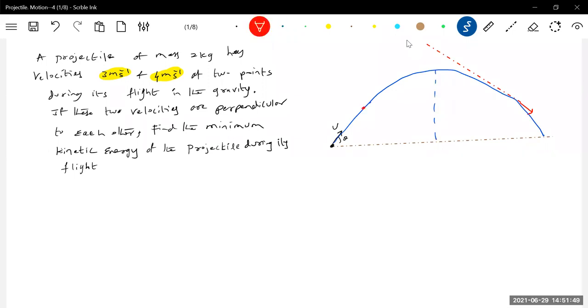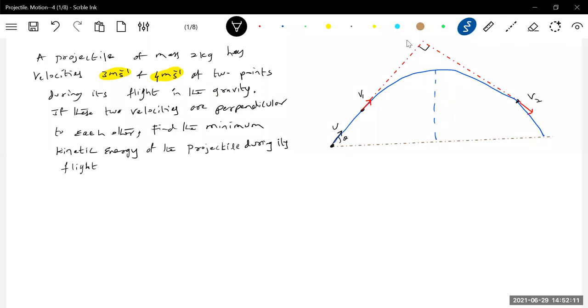Here we'll take it. Now you see this. The two velocities, they are perpendicular. That's what is said: somewhere during its motion.